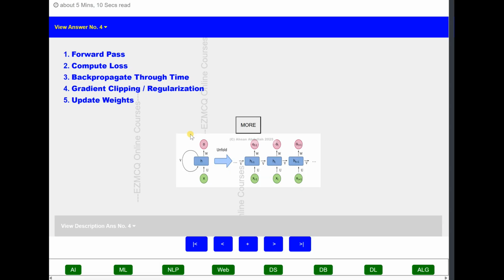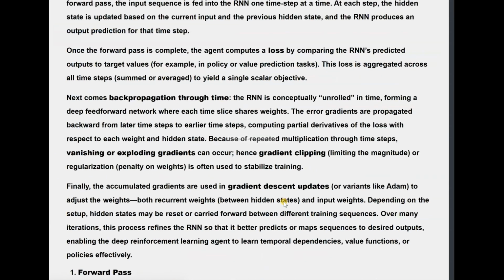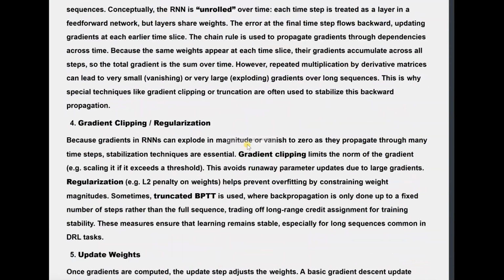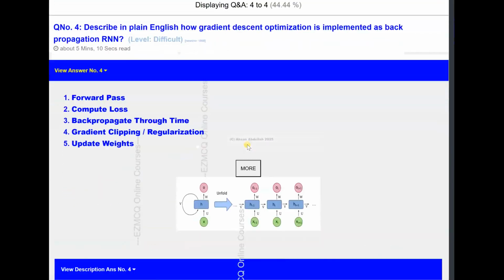Those weights are U, V, and W. On the right is the unfolded version to show the same progression but at a certain time, and the corresponding times that occur using backpropagation in gradient descent. The details are given here, so I would suggest that you read the details. Now let's go over these bullets.